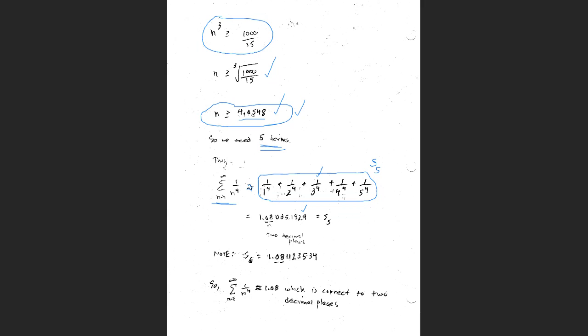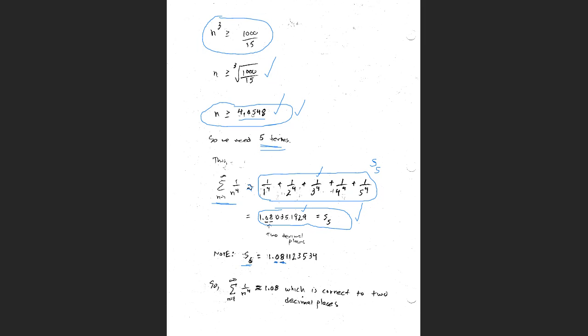So what I do is, we get the 5th partial sum here. This would be like in WebAssign, this would be your answer. But what I wanted to do is add 6 terms and show you that by adding another term, it doesn't change the 2 decimal places here, the 0 and the 8 coming after the decimal.